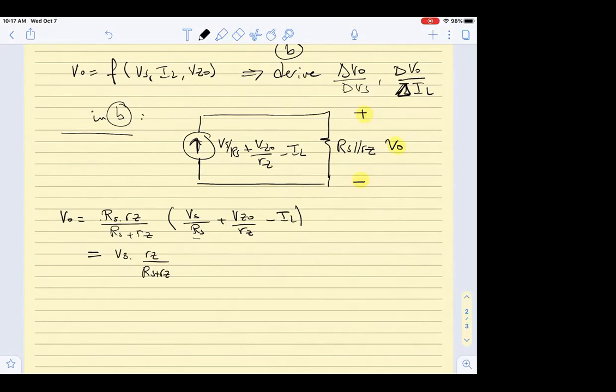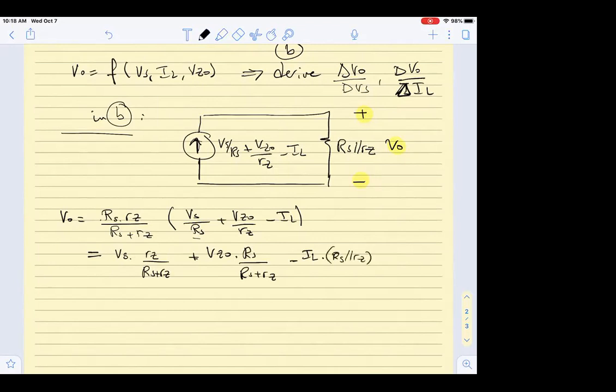Okay, that is the first product, plus VZ0 over RZ, and RZ cancels if I expand, so VZ0 times RS over RS plus RZ, minus IL times RS times RZ over RS plus RZ, which is the parallel. We will write it as parallel because it is easier for us to continue writing it this way.